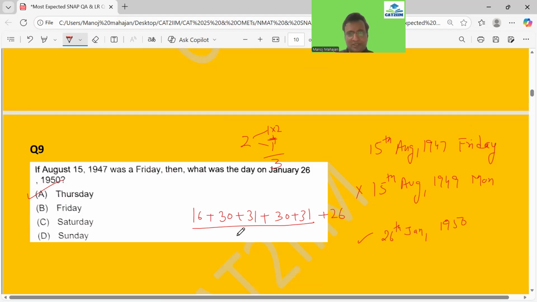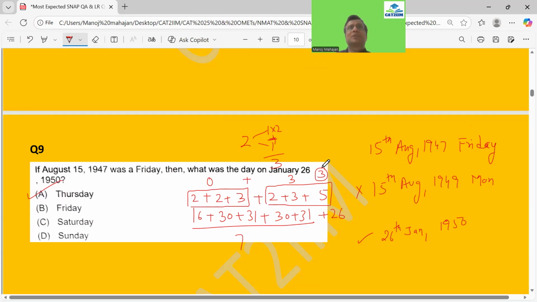So if you divide this by 7 to get the remainder, let's divide individually. 2, 2, 3, 2, 3, 5. So 3 plus 2 plus 2 is 7, so remainder would be 0 from here. This would be 10. So 10 by 7 remainder would be what? 3. So 0 plus 3, the final remainder is 3.